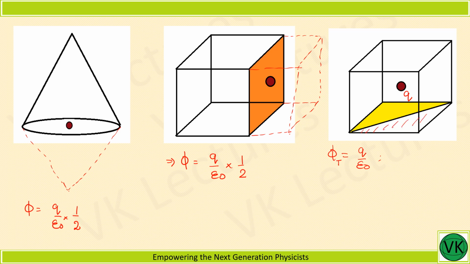We can construct how many shaded regions we can have. So here we have 1, 2, 3, 4, 5, 6, 7, 8, 9, 10, and on the other side 11, 12. So there are 6 faces. Each face has 2 shaded regions.